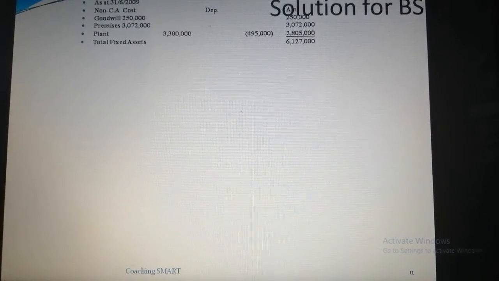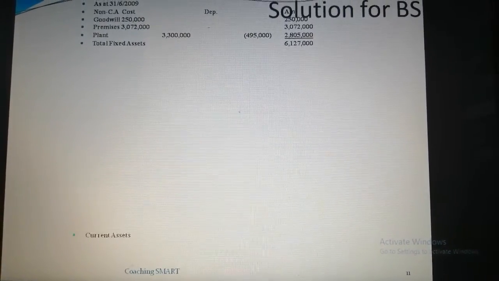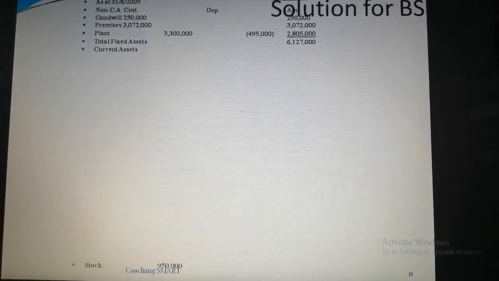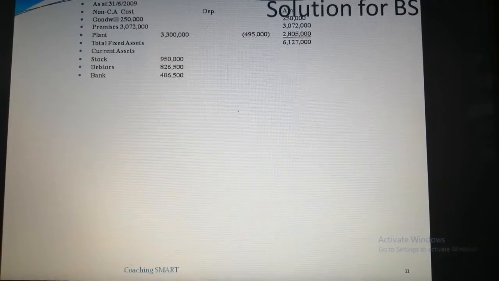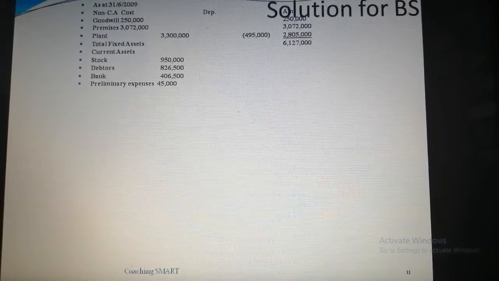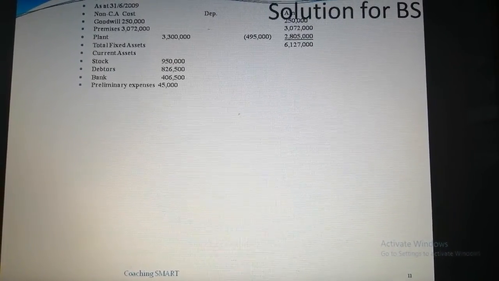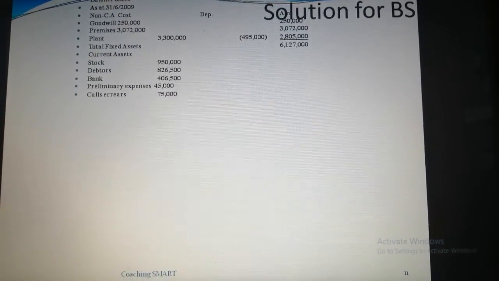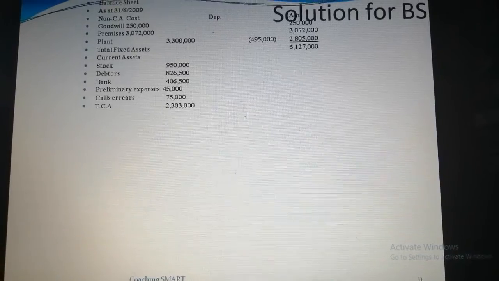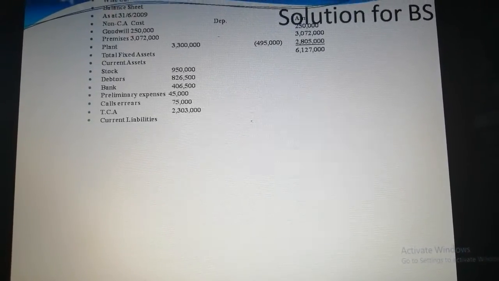Total fixed assets is 6,127,000. Current assets: we have stock, debtors, bank, and preliminary expenses, after written off, 45,000. We have calls in arrears 75,000. Total current assets is 2,303,000.